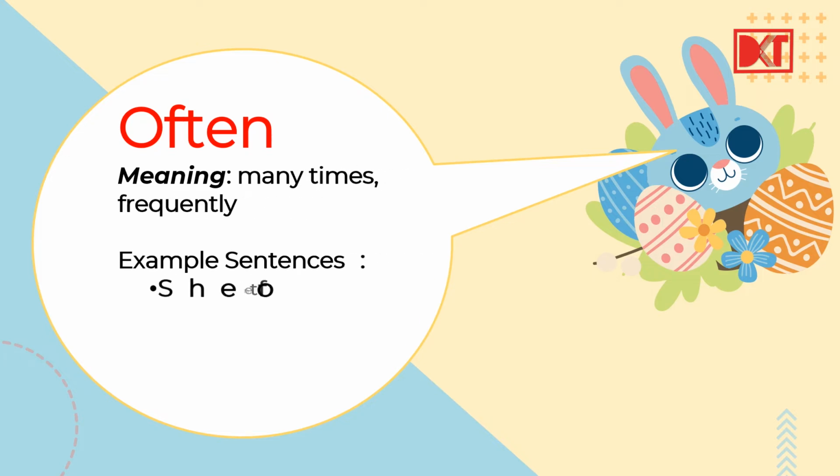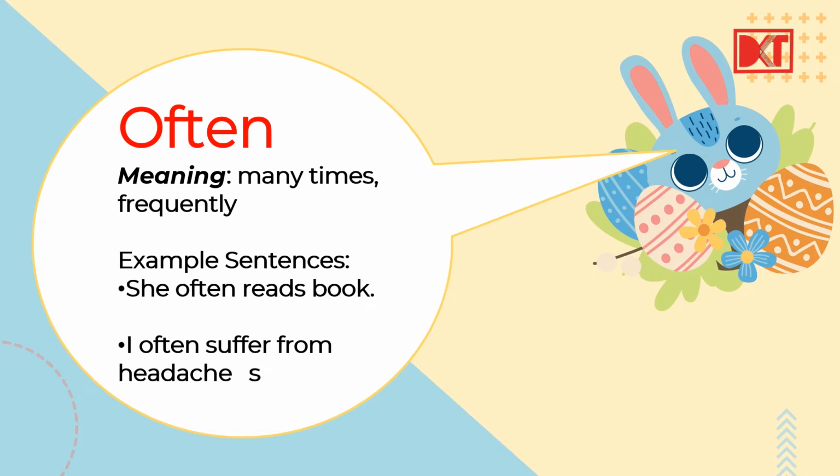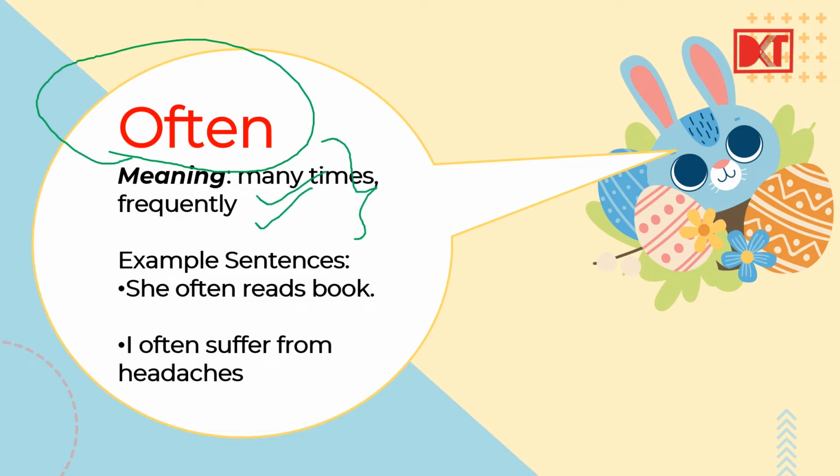We have the example of word often. Often means many times, frequently when something happens. We did this example in the adverbs. Which answer which question? Which answer the questions of how often, the frequency, how often something happens.